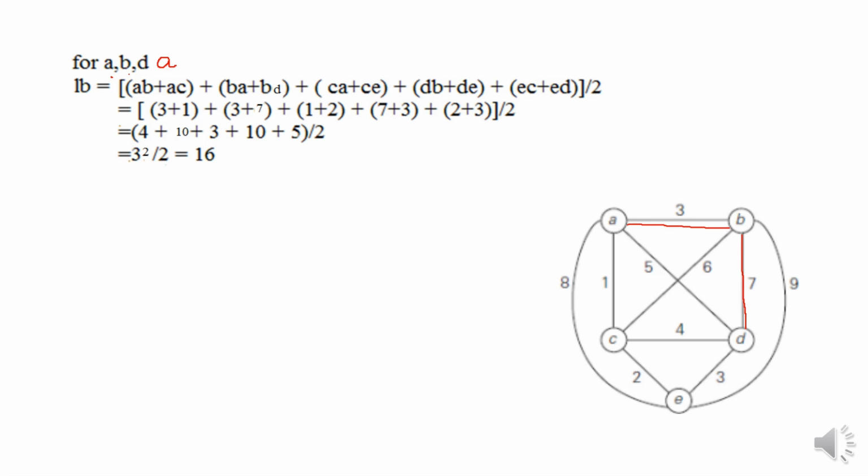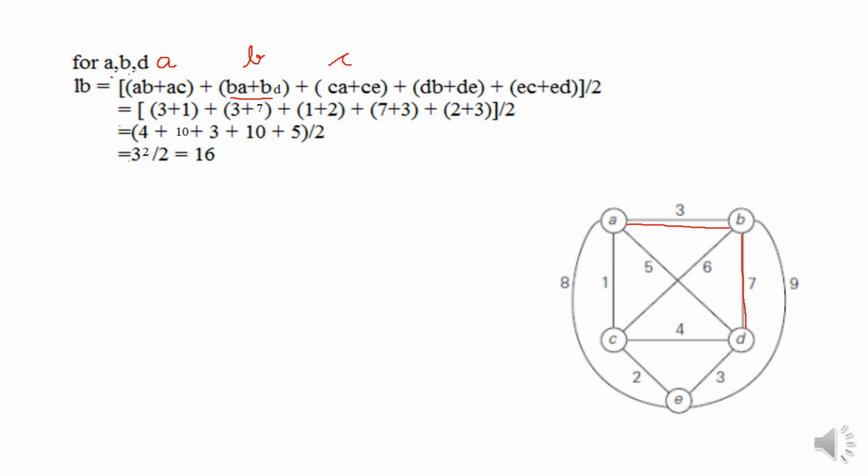So I take AB and AC, that is 3 plus 1. Next, coming to the vertex B, I have to take the edge AB as well as the edge BD, that is 3 plus 7. So I have no chance of taking this particular edge. So 3 plus 7 because I take BA plus BD. So that is for vertex B.